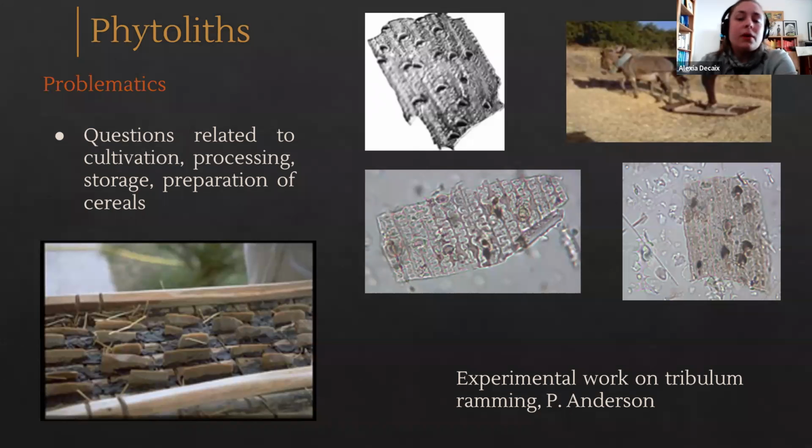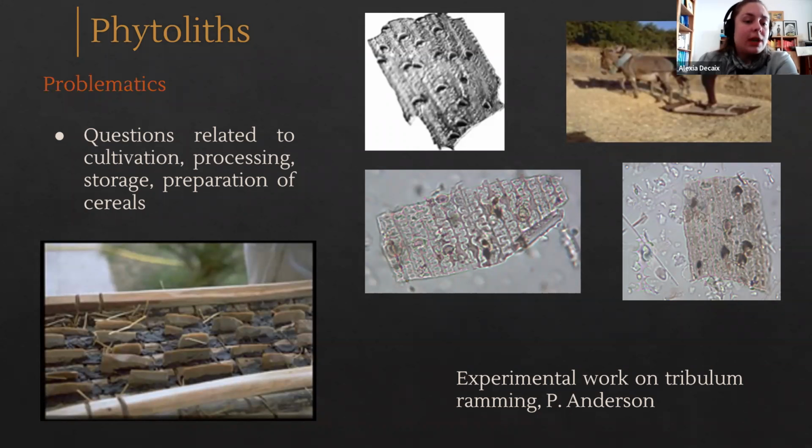Among some of the earliest work conducted in the Near East is the work carried out by Patricia Anderson. Within the lithic assemblages, she found elements of tribulum with a glossy use-wear that could potentially be identified through phytoliths.